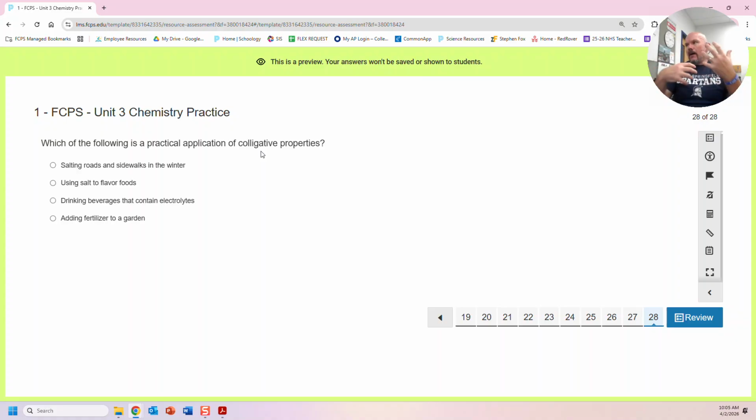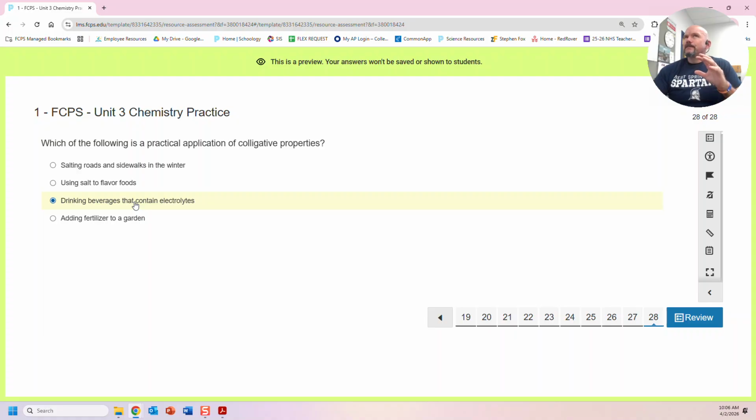So a solution being able to conduct electricity, you can also call a colligative property, right? And there is an answer choice that sounds like it could be right, and it's this one, right? We do drink Gatorade, electrolytes, because we need electrolytes.